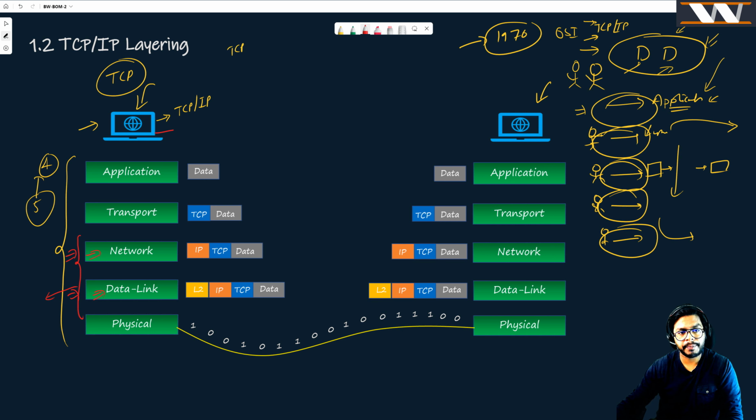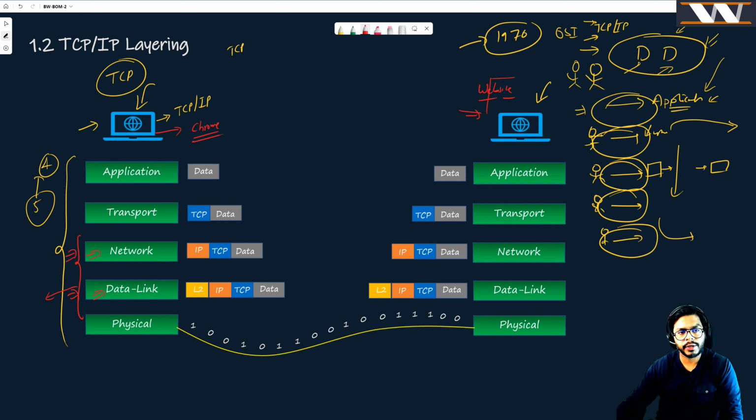Your computer application, suppose we are running an application here, maybe the Chrome application, which wants to talk to this guy who is running a website here. It is as simple as that.